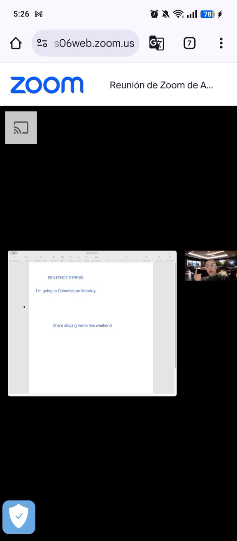The stress in a word is the strong syllable. For example, we have record and record. In record, the verb, the stress is in the second syllable.